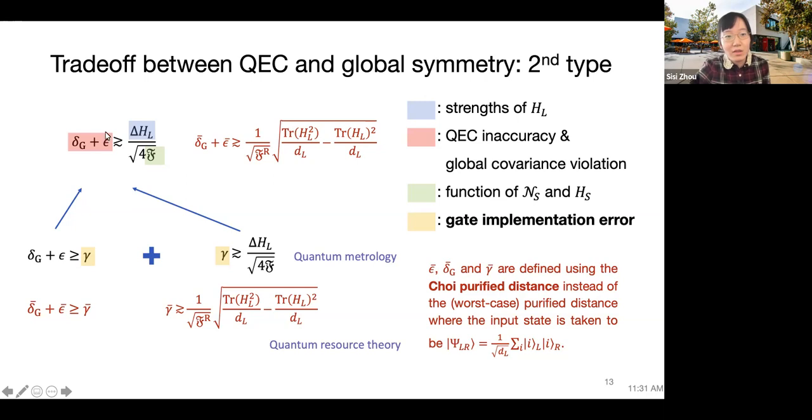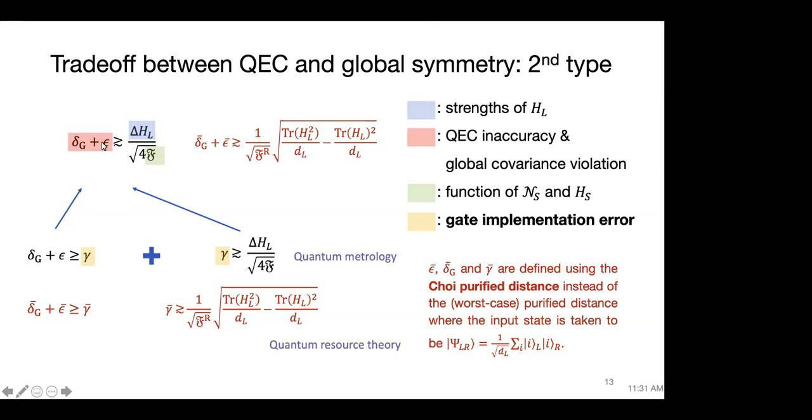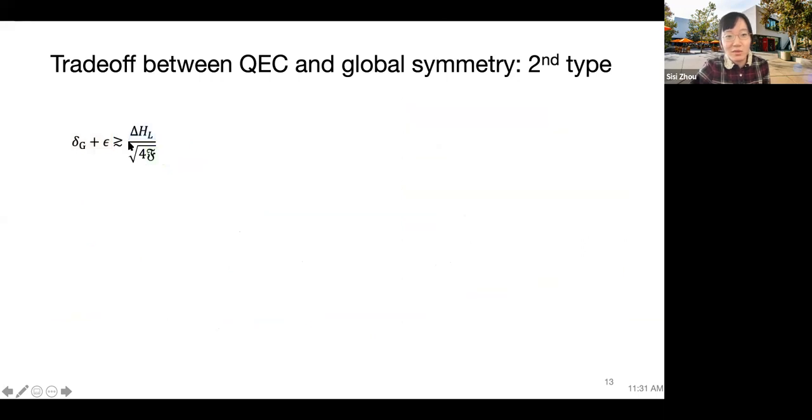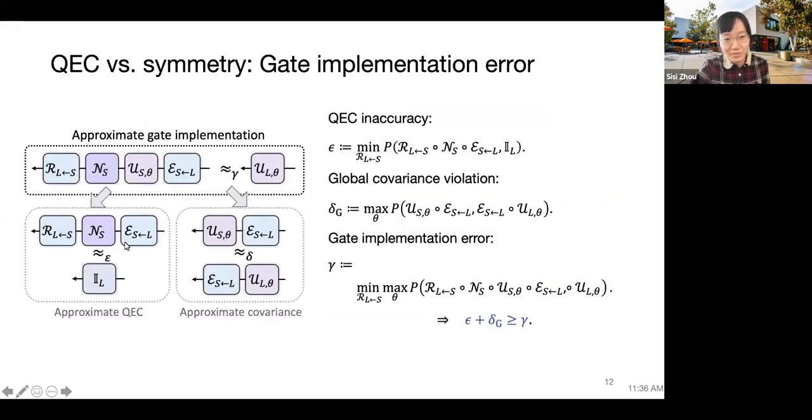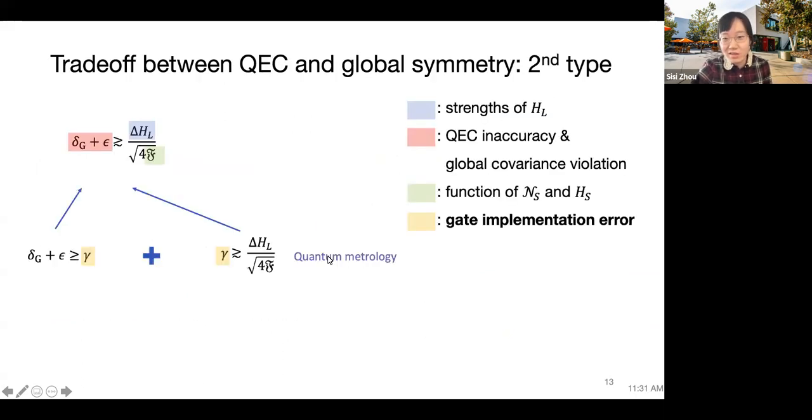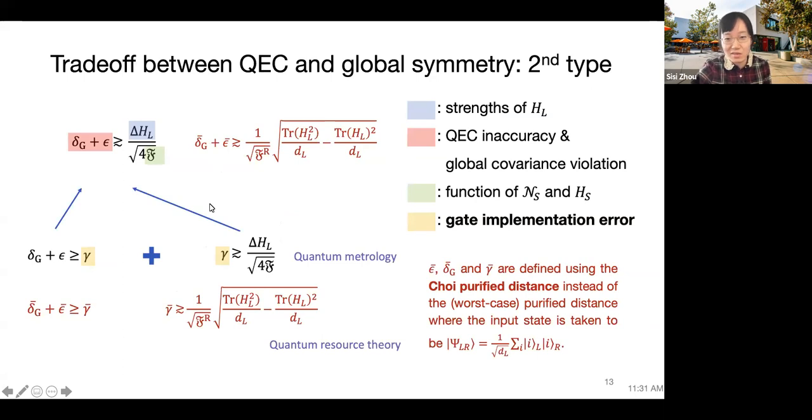Oh yeah, so for the first part, the input state of this encoding channel is taken to be the worst case. So we're going to find the worst input states to find out the distance between these two channels. But if we take this Choi purified distance, it's going to behave quite similar to the average input.